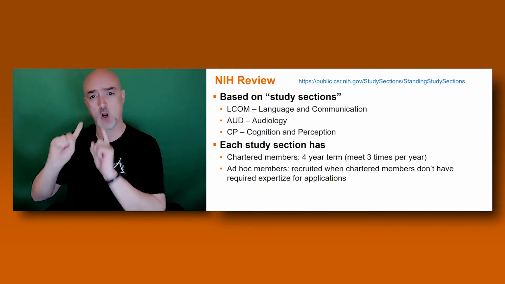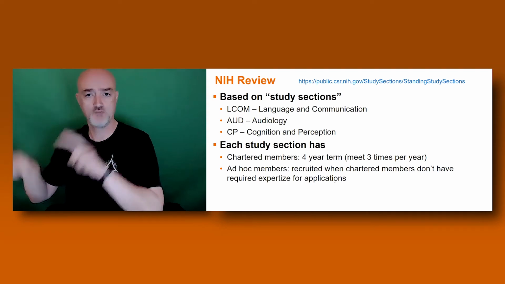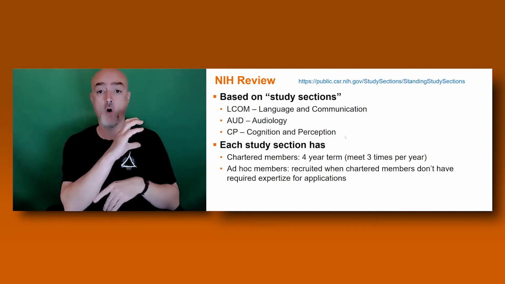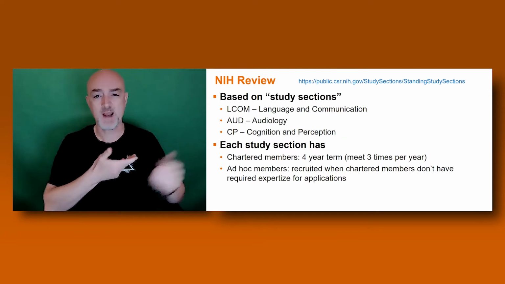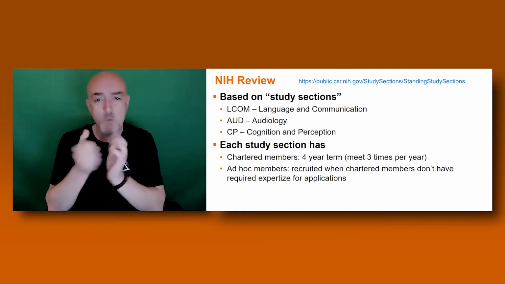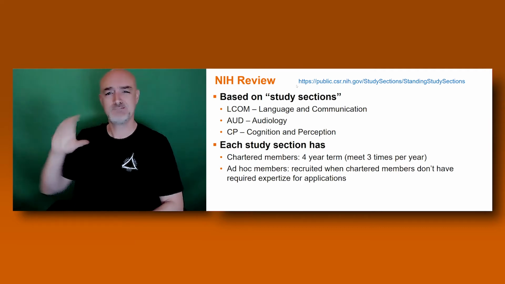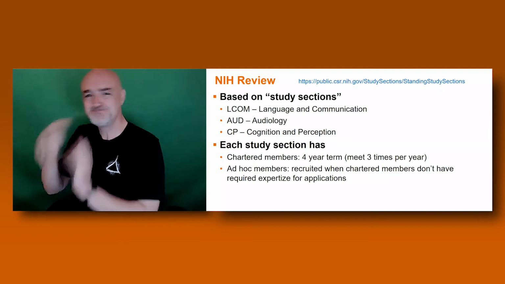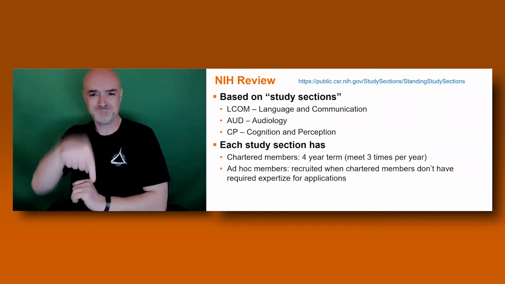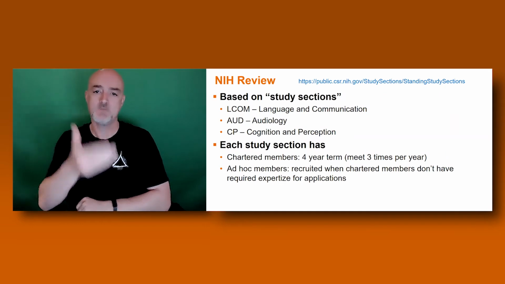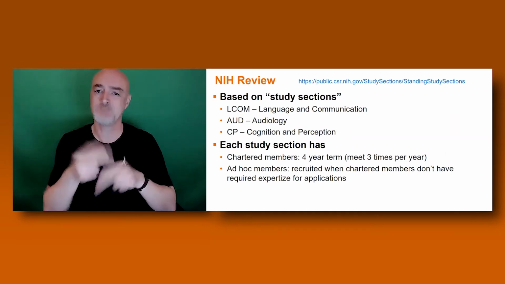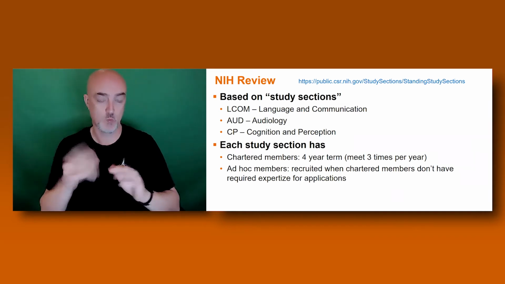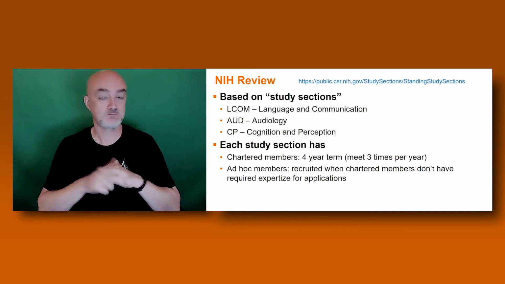About 3 times a year, they'll go to review various applications for funding. The ad hoc members are individuals who are invited to help on a per diem basis when we acknowledge that the chartered members have some areas of gaps or weaknesses. We invite ad hocs who might be experts in those areas to come for that temporary review on an application or two, and they'll help with the process in that way. So those are the 2 types of members.